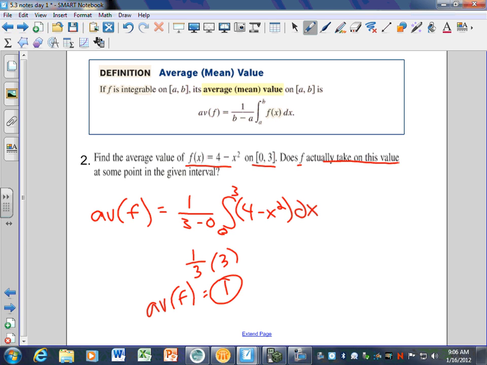So to answer this, does this actually take on the value? Let's set f of x equal to our average value and solve that for x and see, is it happening in that interval? Does the function equal 1 sometime in this interval? And so I can say 4 minus x squared equals 1, and then hopefully you could solve this without too much trouble. Subtract 4.